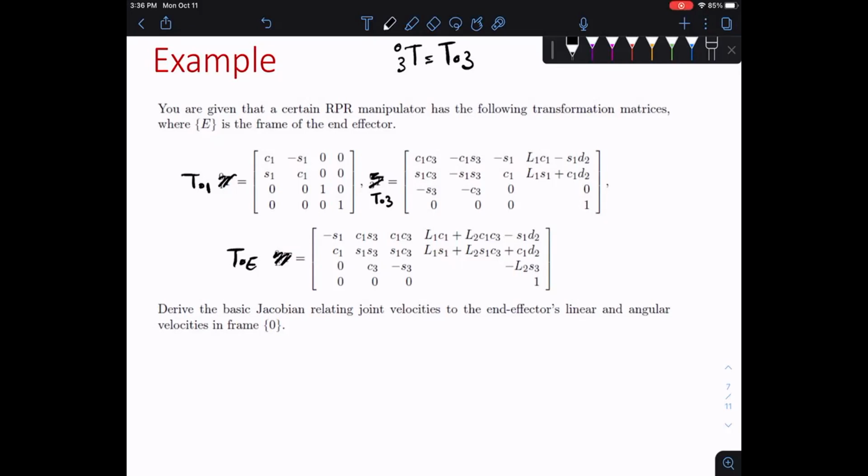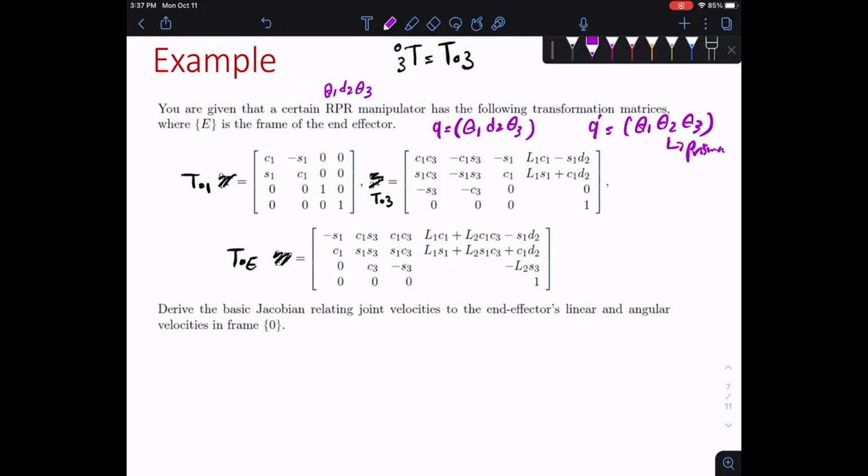What's the joint variable here? What's Q? Theta 1, maybe d2, theta 3. If someone says Q is theta 1, theta 2, theta 3, that is right, as long as you know this is prismatic.